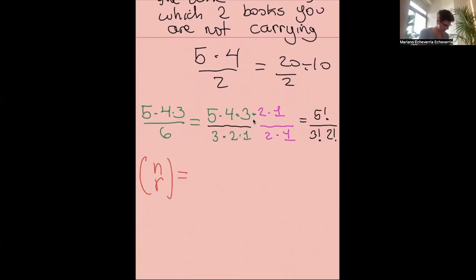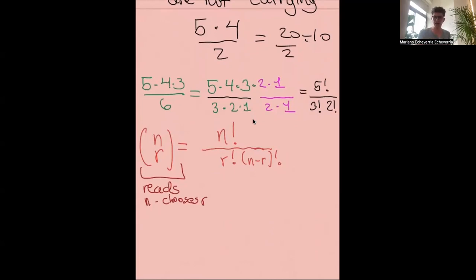It's called N chooses R, and it reads N chooses R. This is just n factorial divided by r factorial times n minus r factorial.